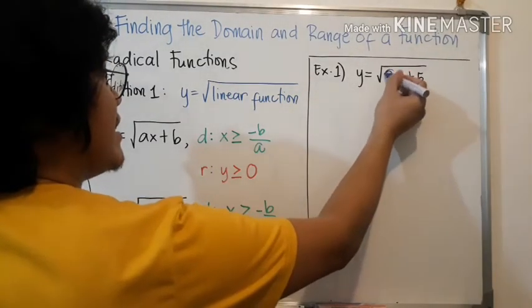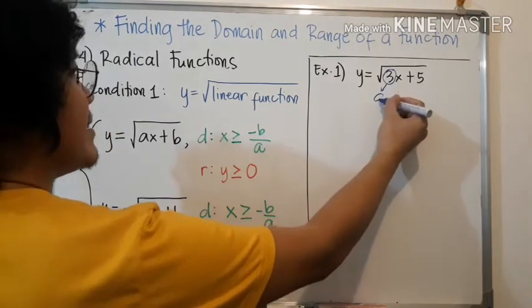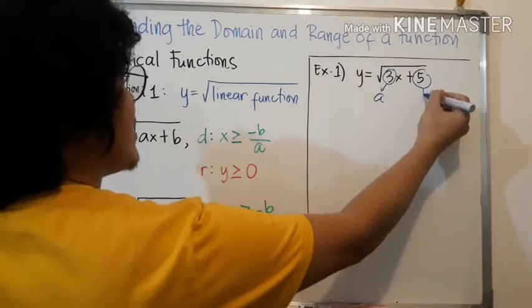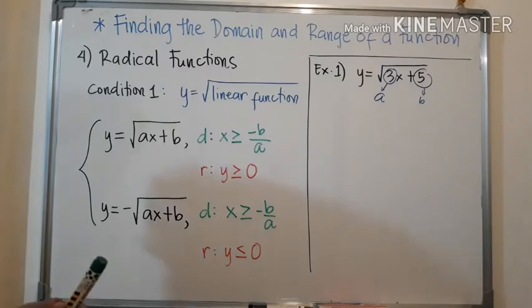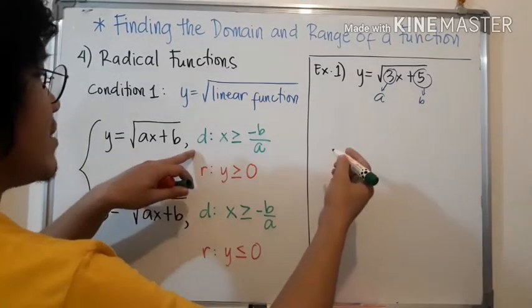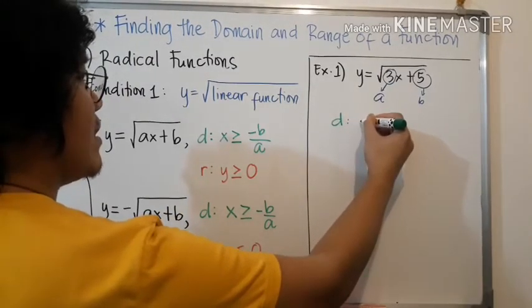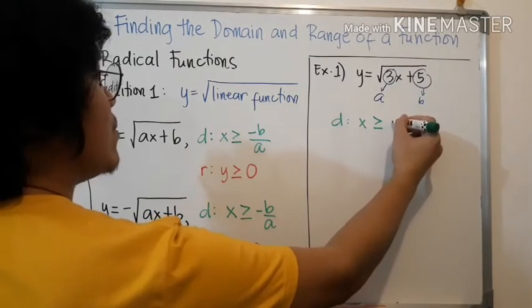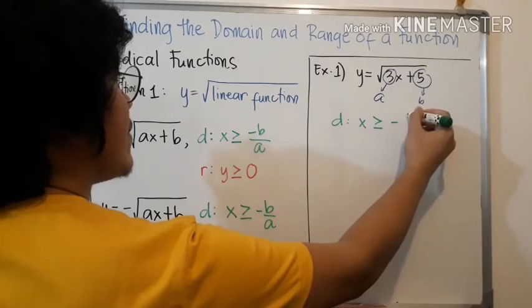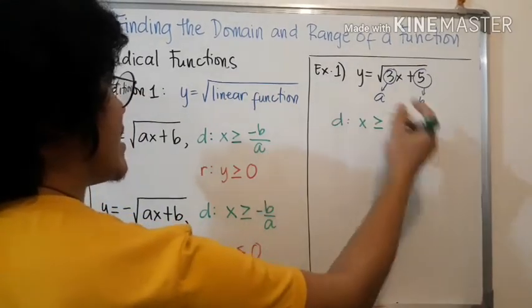This 3, the numerical coefficient of the leading term, is our a, and this 5 is our b. We'll make use of these values of a and b to find its domain. So the domain is the set of all x greater than or equal to negative, our b is 5 over our a is 3.